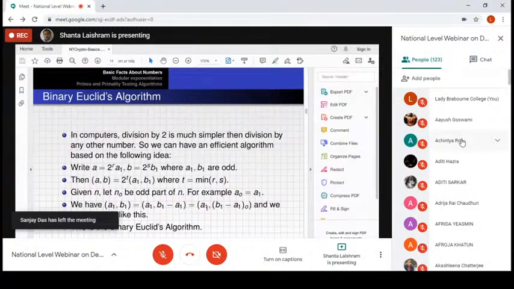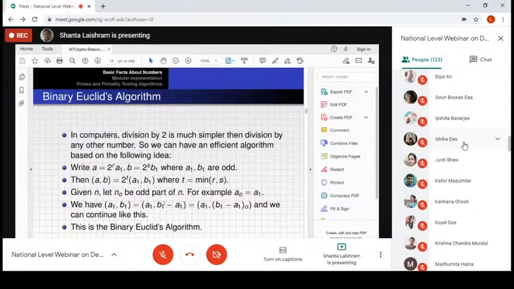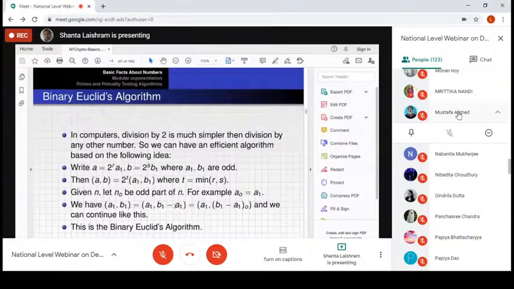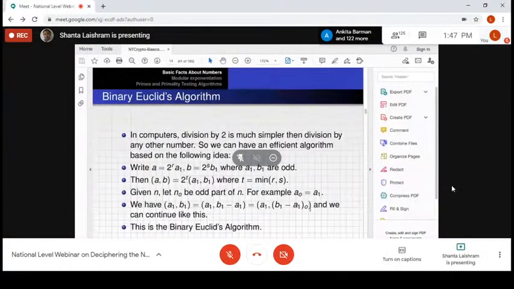So you can write it as GCD of A1 and, since the GCD is odd, you can take out the even part of B1 minus A1. So you just consider the GCD of A1 and the odd part of B1 minus A1. And we continue like this. So this is called the binary Euclid's algorithm.